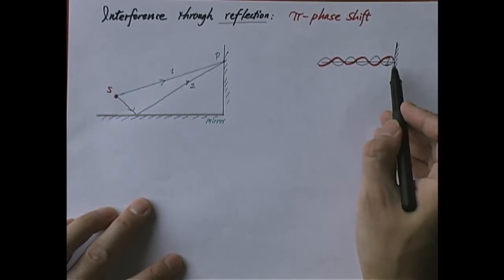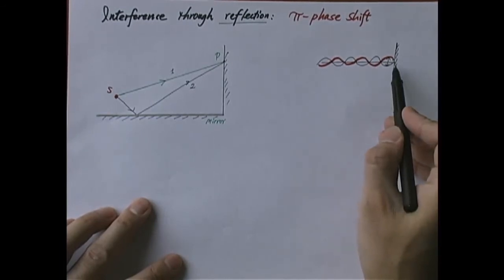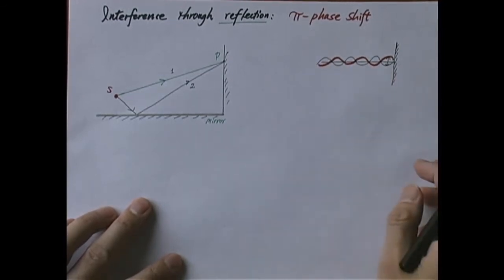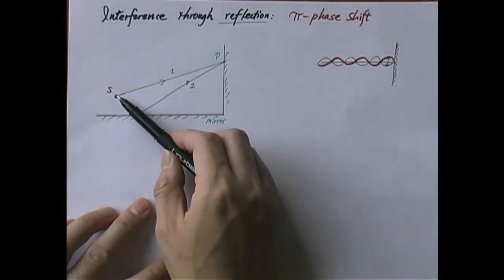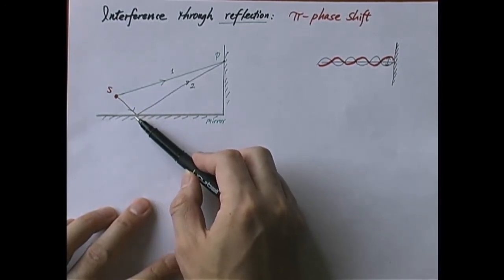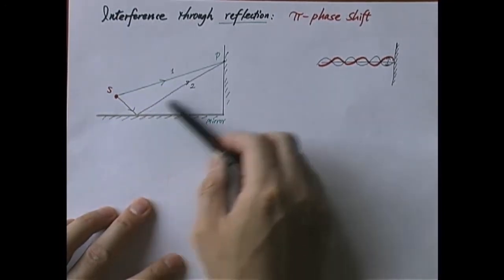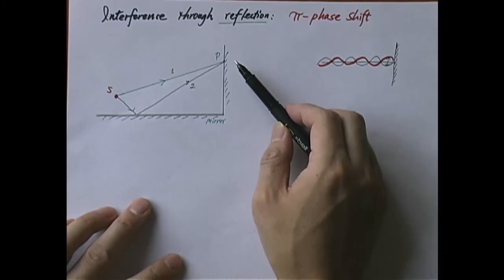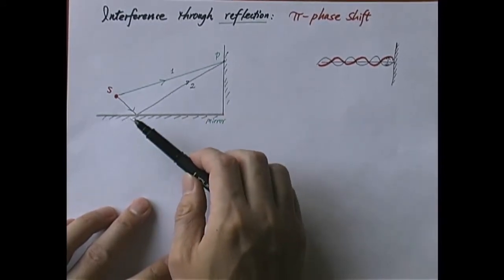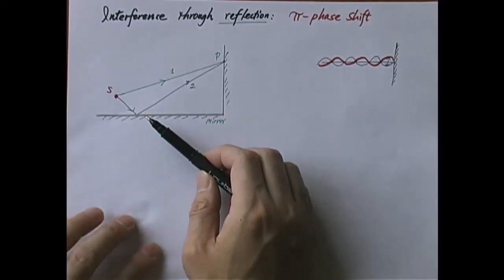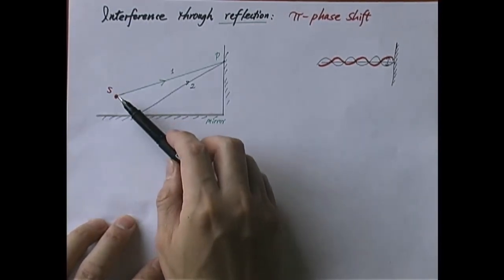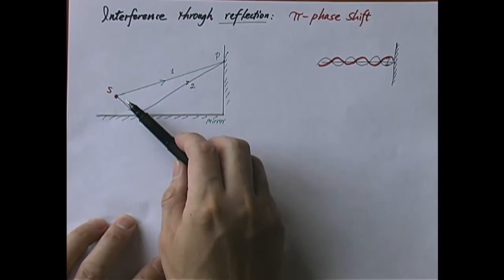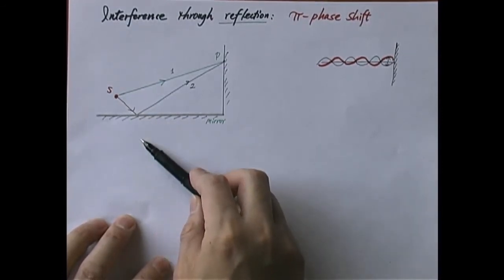In a mechanical case, when the wave upon reflection acquires an additional phase difference of pi, that's called a pi phase shift. Now, in the electromagnetic case, an electromagnetic wave bounced off of a mirror does not always have a pi phase shift. This happens only if light is incident upon a medium that is optically less dense than a second medium.